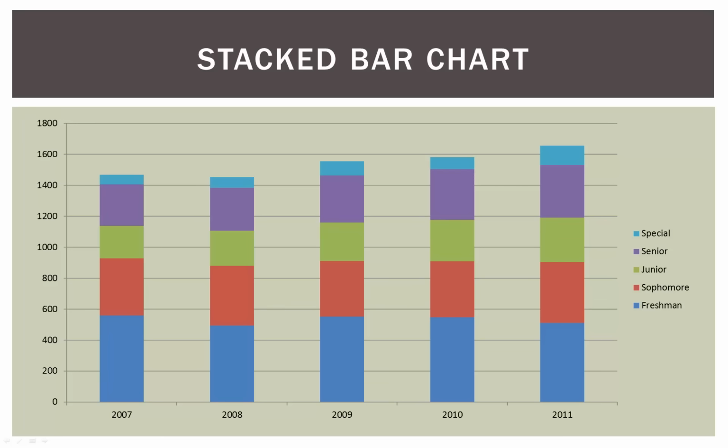So you can see that the freshman, which is there in the blue bar, not only can we see its pattern over time, down a little bit, up, and then down a little bit, but we can also see its size relative to the other class levels. So it seems to be about twice as much as the sophomore, which is about twice as much as the junior, depending on the year you're looking at, and then senior and our special category. So it helps us see relative, in this case, enrollments, as one class level is compared to another.